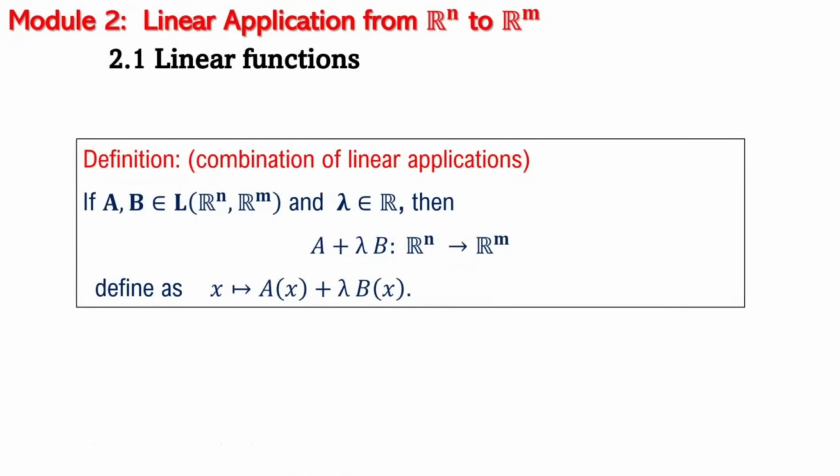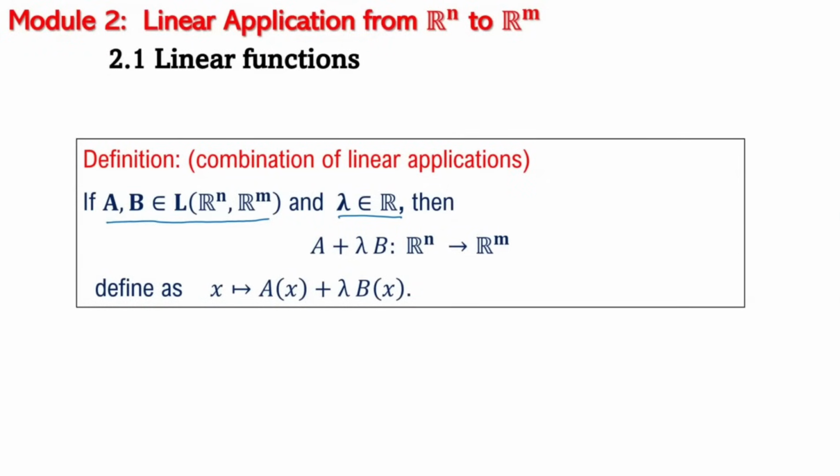Okay, now how will we get linear combinations of linear functions? How can we define that? Let A, B belong to L(R^n, R^m) and lambda be any real number.